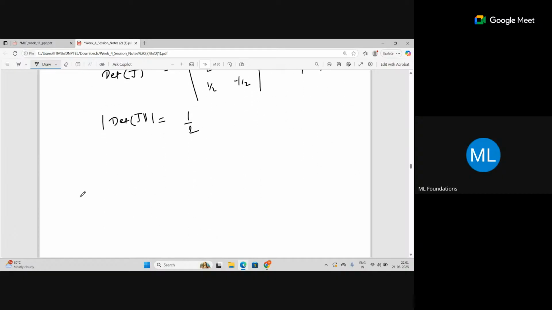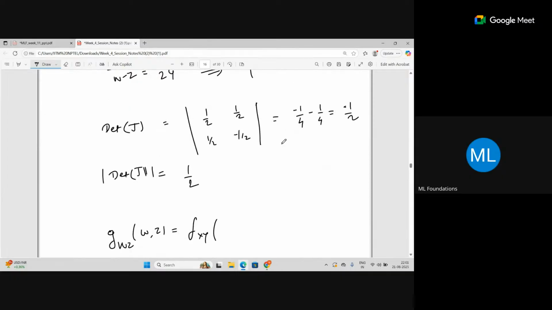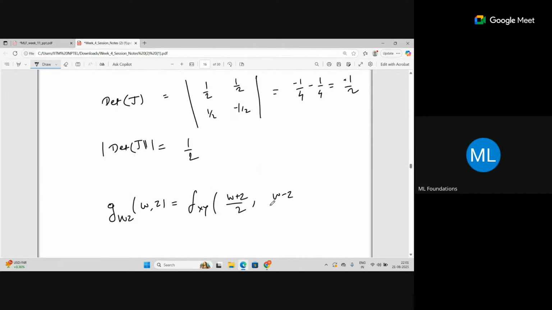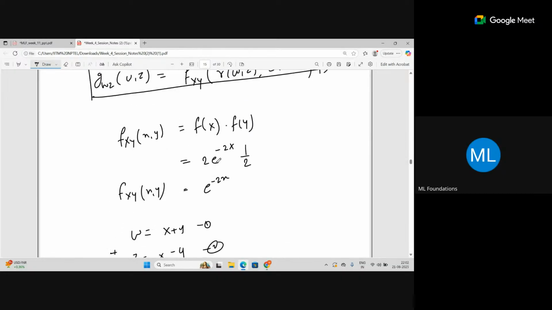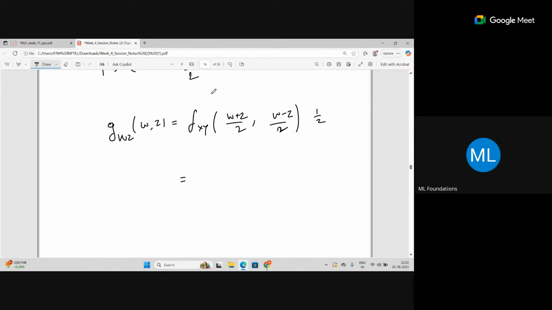So if I now plug in all the values, I'll get g of w, z as f of x, y at x, y, where x is w plus z by 2 and y is w minus z by 2, and the mod of the determinant of the Jacobian is half. What is f of x, y? It is e to the power minus 2x.